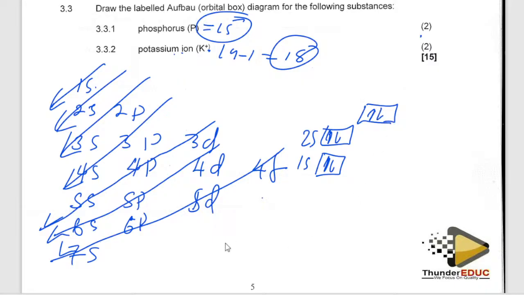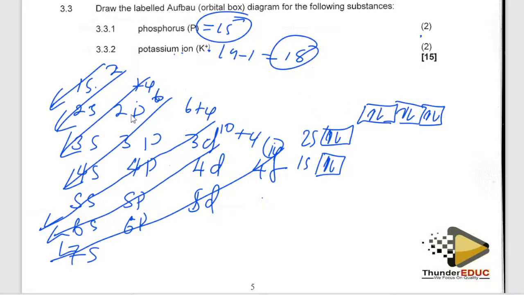Don't forget that this is 2, to go to p plus 4, I showed you yesterday, so it's going to be 6, to go to d is going to be plus 4, 6 plus 4, so this is going to be 10. To go to f plus 4 again, you keep on adding 4, 4, 4, 4. So it's going to be 14 here for f. Anyway, so now because this is p, p is going to be 3 of them.